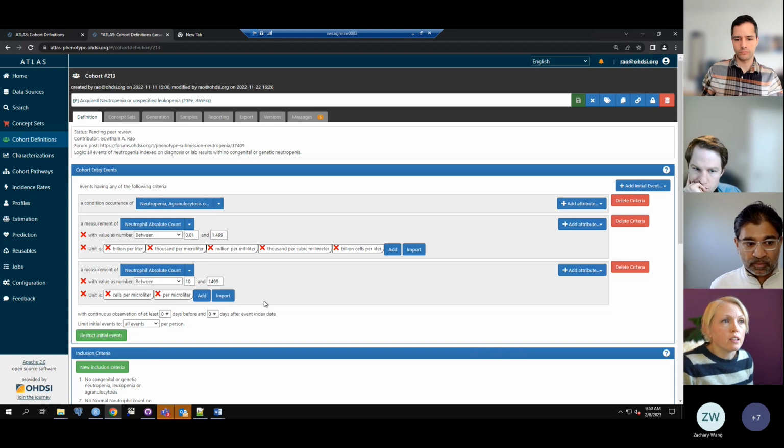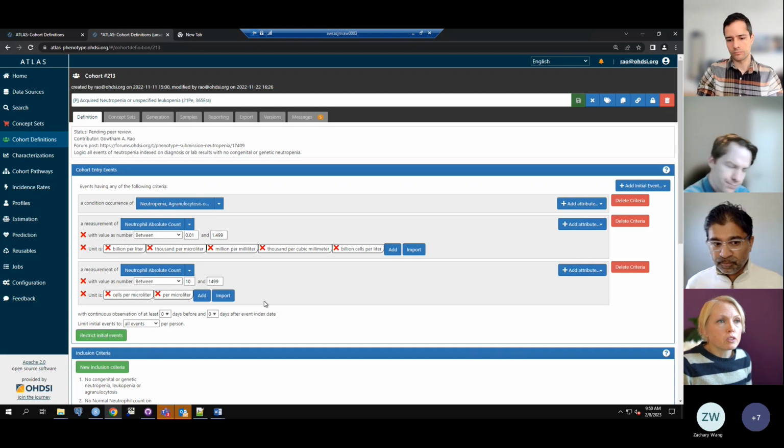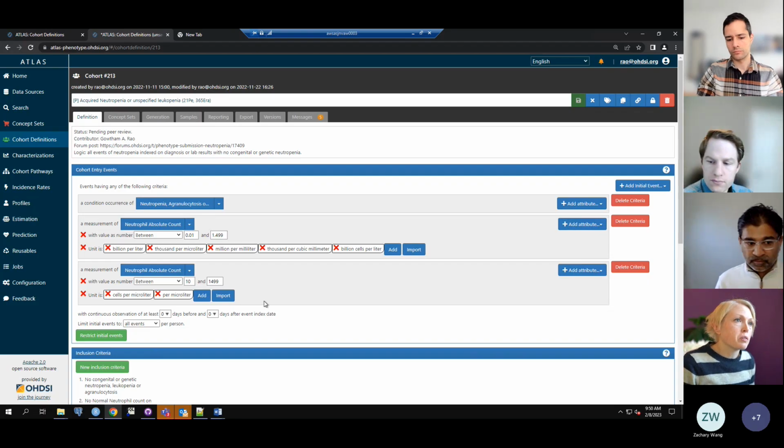So if it comes back as a less than value, what does that mean? Yeah, so that can be very tricky. And also some of these billion, thousand per liter, microliter, oftentimes labs also send these back with special characters. And depending on how you're translating those special characters, they can be quite difficult to parse as well.